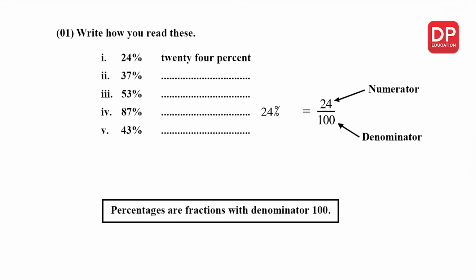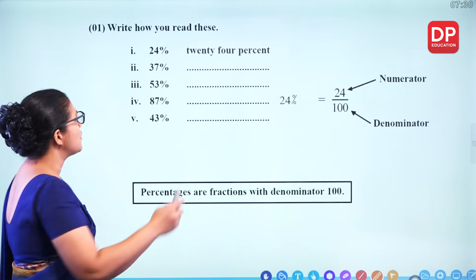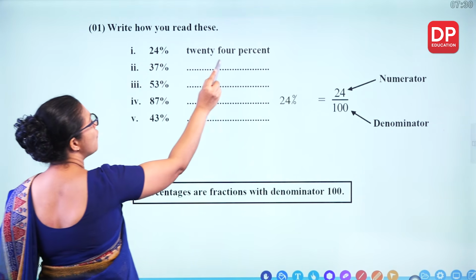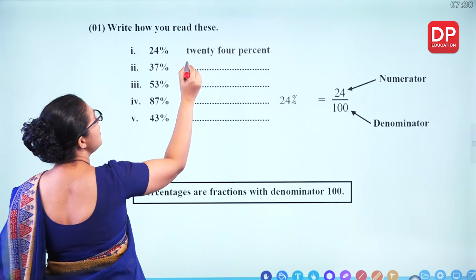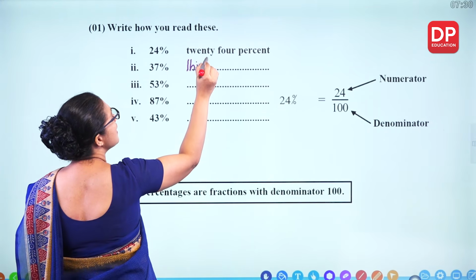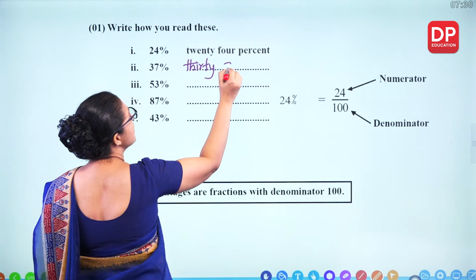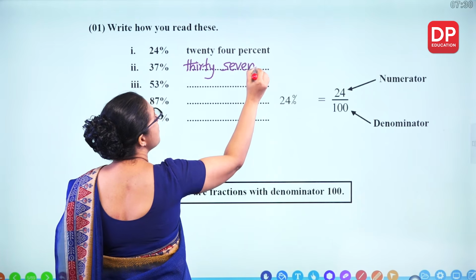Write how you read these. How you read this one: 24 with percent, 24%. This one, 37%.